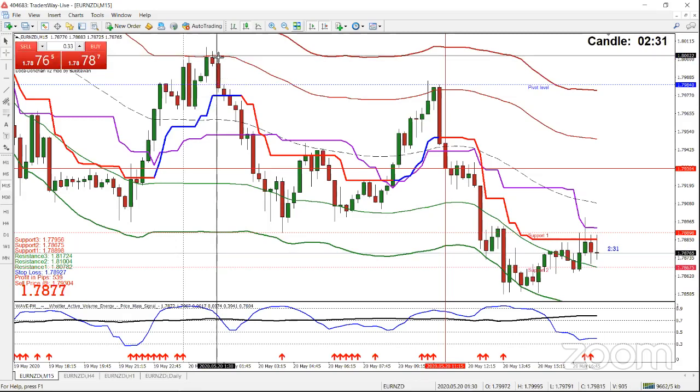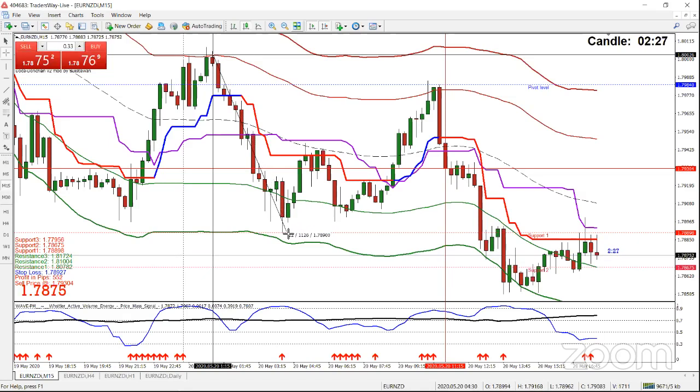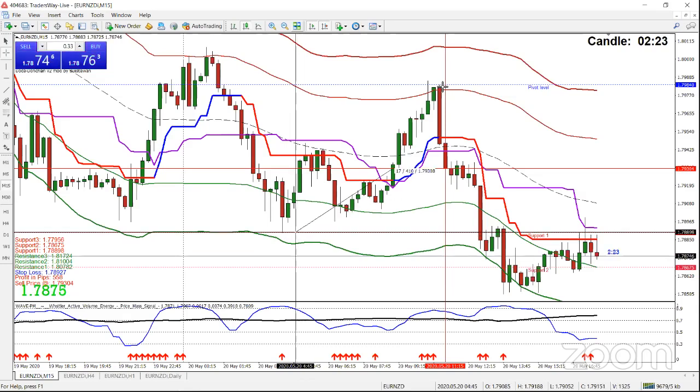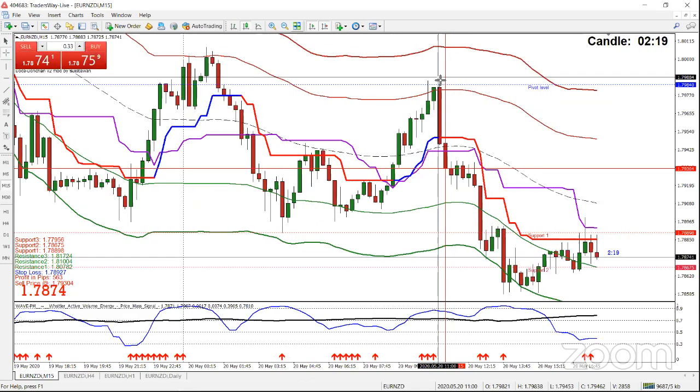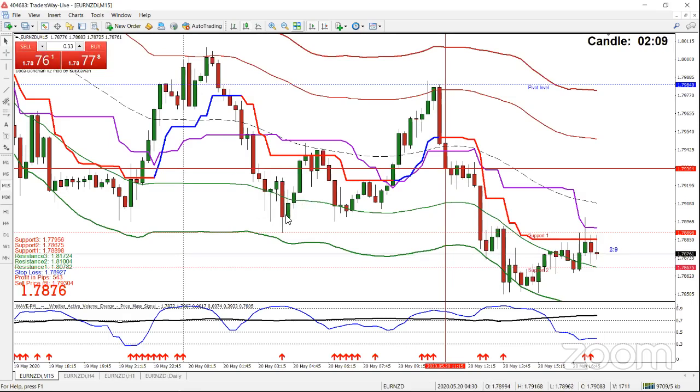For the whole day since yesterday at 5 o'clock, it did 100 down, 100 up, and 100 down again. 135 down. So this thing just chopped up. It's over 300 points for the day already.